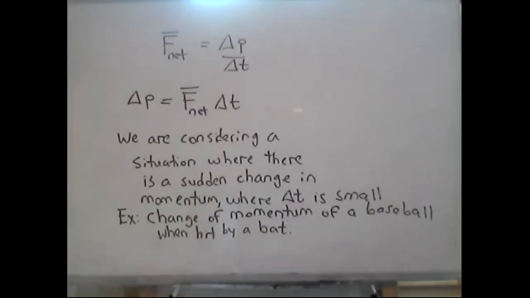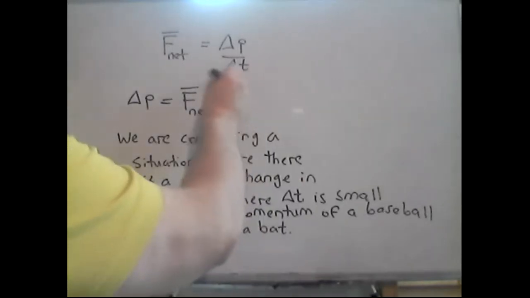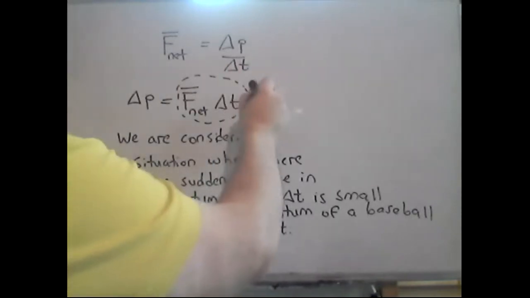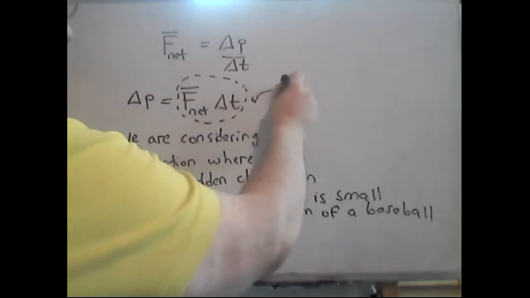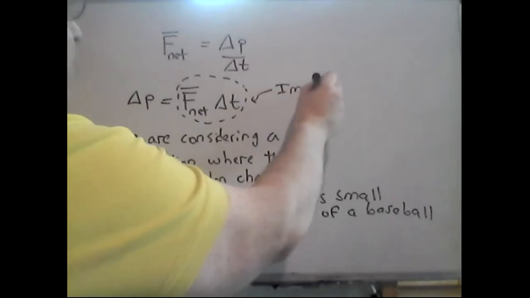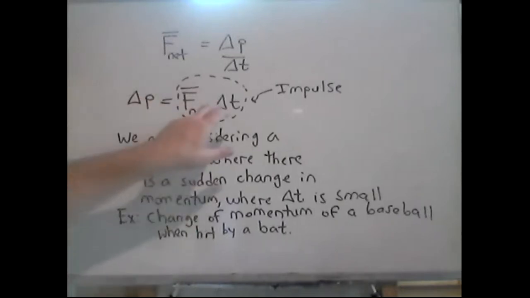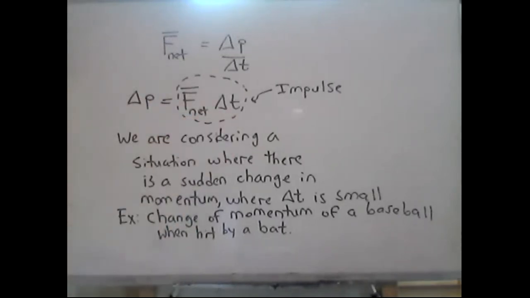When you see a situation like this, this side of the equation is called the impulse. A very large force, and it's hard to characterize this force. That's why you call it an F net average, with a bar over it, multiplied by a very small amount of time. That's called the impulse.